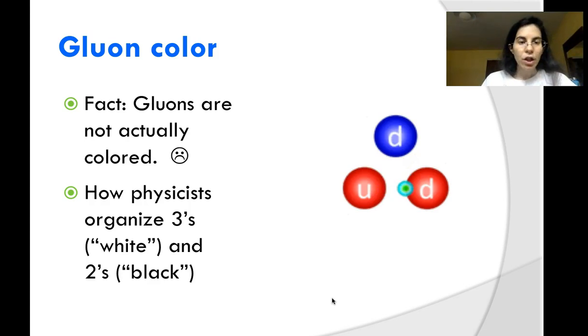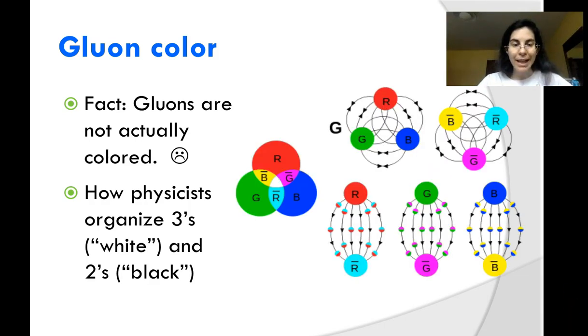Now, fact, gluons can oscillate like neutrinos. They can change color under certain conditions. A red gluon isn't going to stay red forever. But at any given time, a stable hadron has 3 gluons gluing its quarks together, R, G, and B. A meson, 1s and 2s, we're going to code as black.